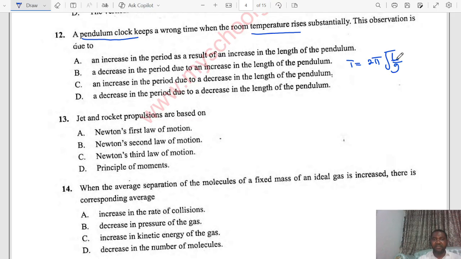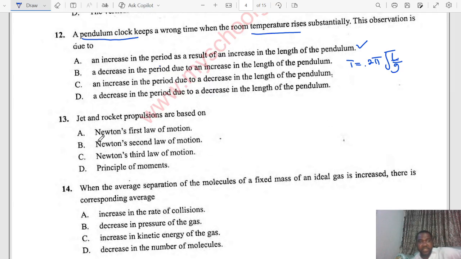That means if the length increases, the period should also increase. So the answer is A, an increase in period as a result of an increase in length of the pendulum. Common sense, right? Now, the reason why the length will increase at room temperature is expansivity. Whenever there's an increase in temperature, materials expand. I hope that makes sense.